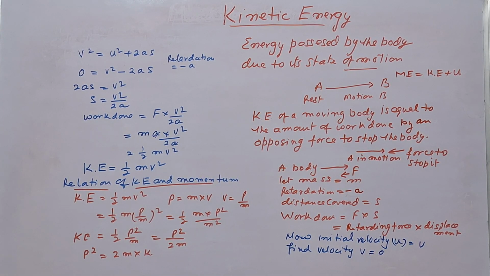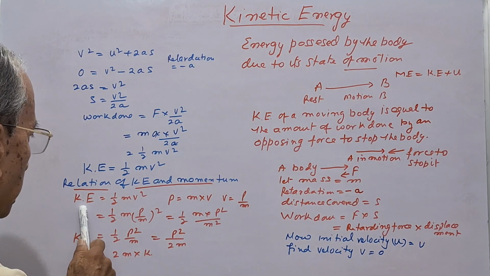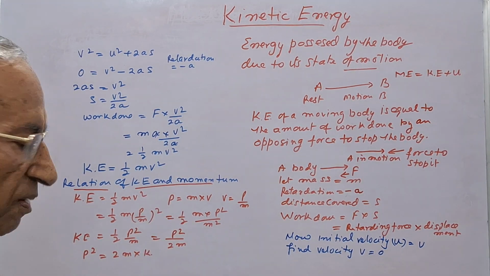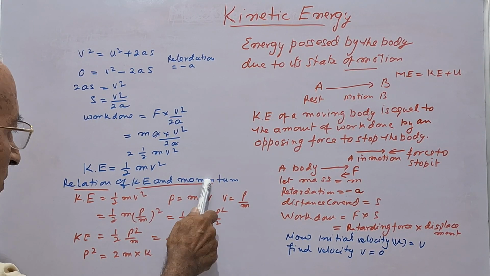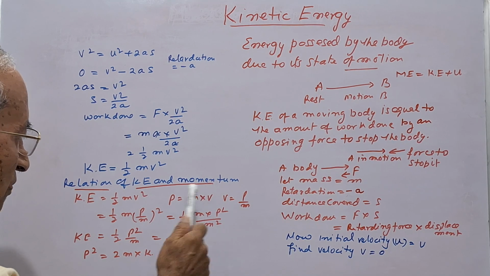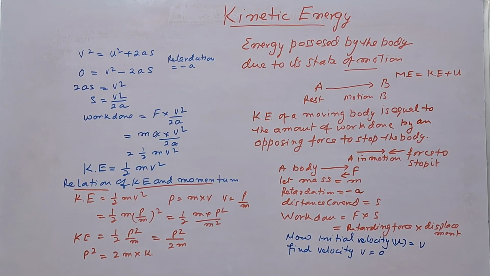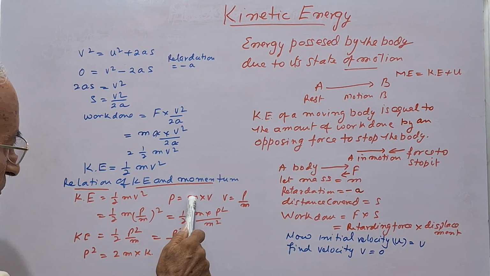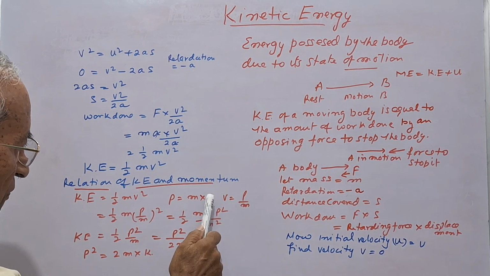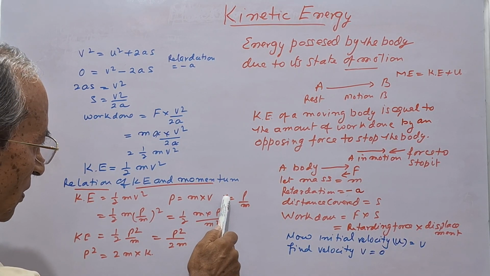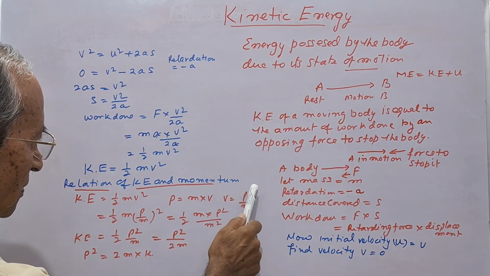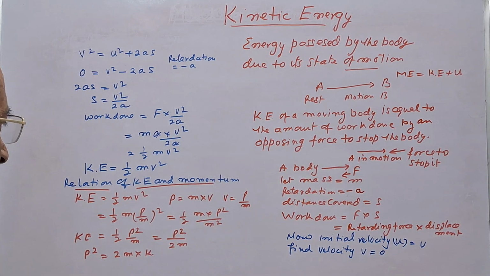Now we will explain the relationship of the kinetic energy to the momentum. You know, momentum is the product of mass into velocity. From this, we find v is equal to momentum upon mass.